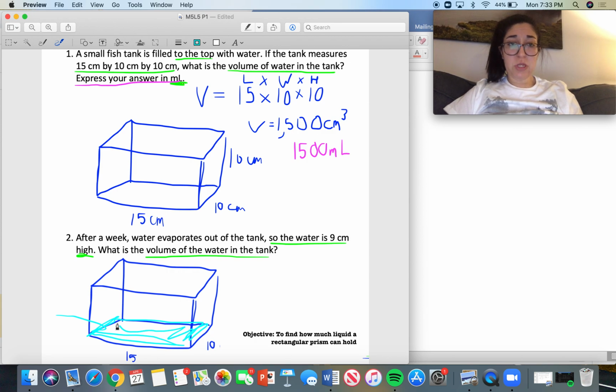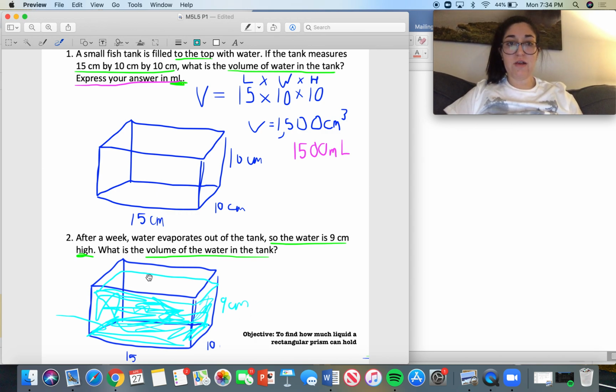The bottom isn't going to change, but now instead of the water going all the way up, it only goes this high, right? So some of that water evaporated out of the tank. When we first started, the water filled up all the way to the top. It was 10 centimeters high. Now some water has gone out, and now it's only 9 centimeters high, right? That's what it tells me in the story.